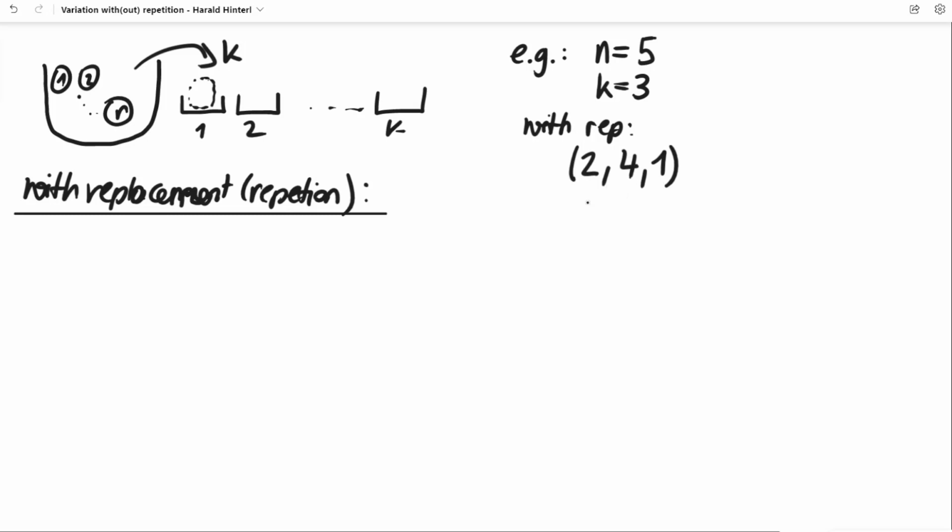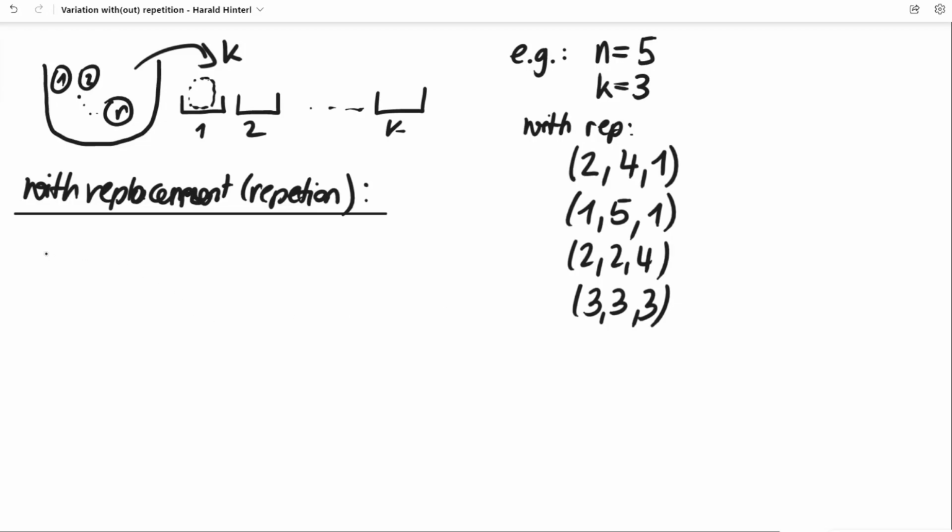So since you can repeat, it means you can take the first ball, the fifth, and you can take the ball with number 1 again, because we have replaced. Or 2, 2, 4 is another example. Or you can also draw 3 times the same. So you draw ball number 3, 3, 3 again and again.